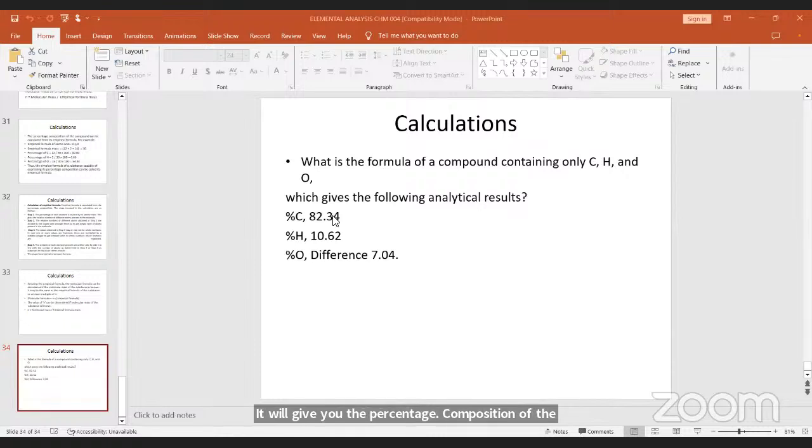That is what is meant by the difference, that is percentage oxygen will be the difference between the first 2 when you deduct it from 100. Okay? If you add this and this together and you remove it from 100, it's going to give you 7.0. That is what is meant.